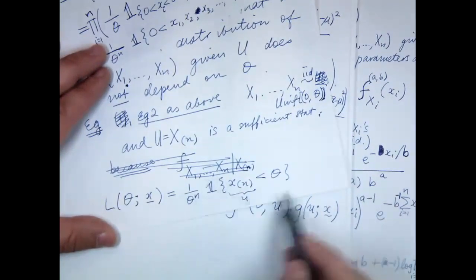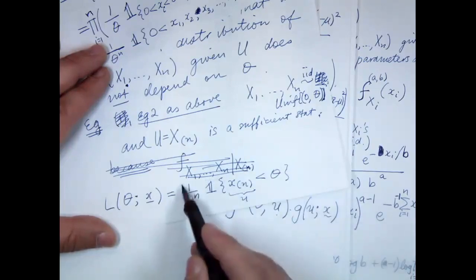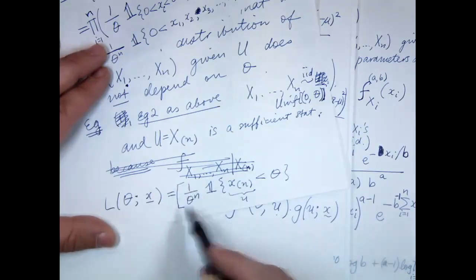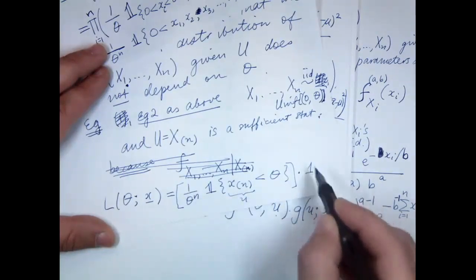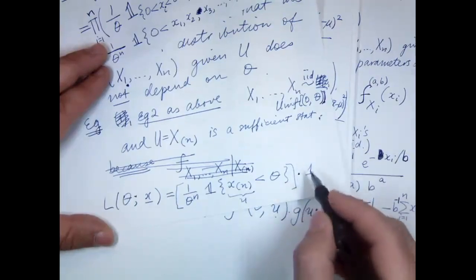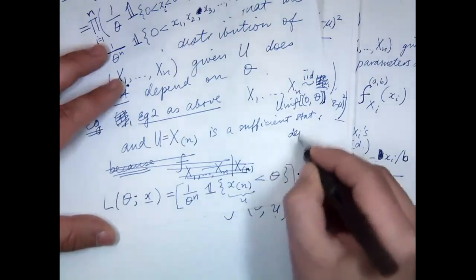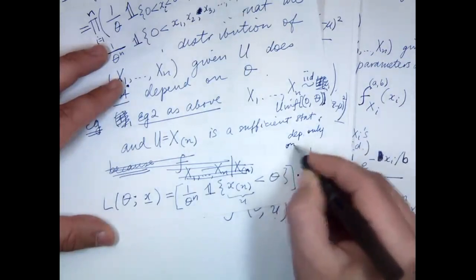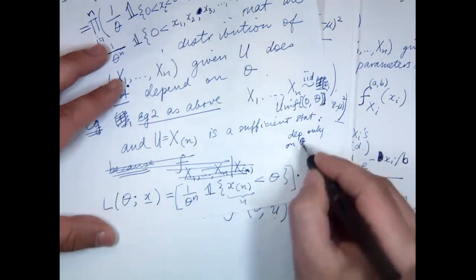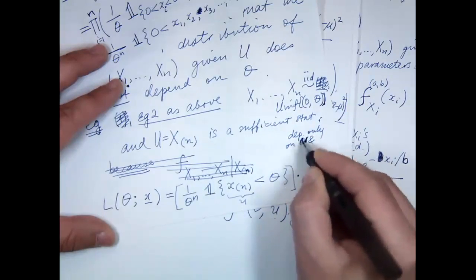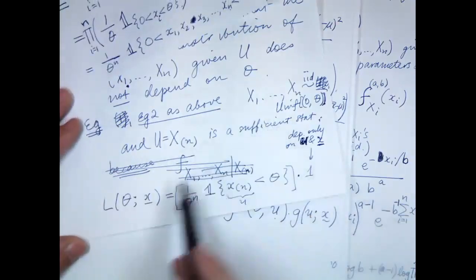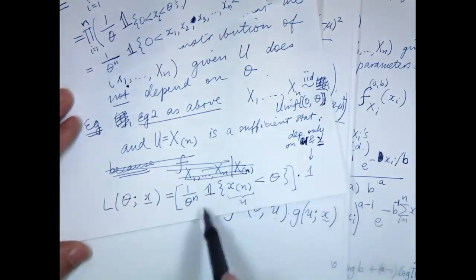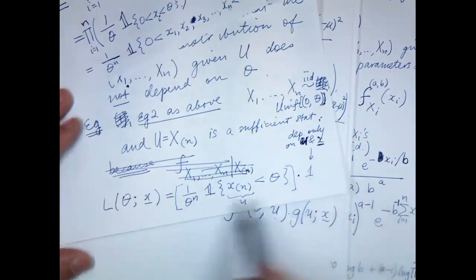This is kind of a trivial case because this depends only on u and theta, and then you just multiply by 1, which depends only on u and the observations x. This is a funny case with the uniforms because there's actually nothing that depends on the xi's themselves, but it still satisfies the condition in this theorem.